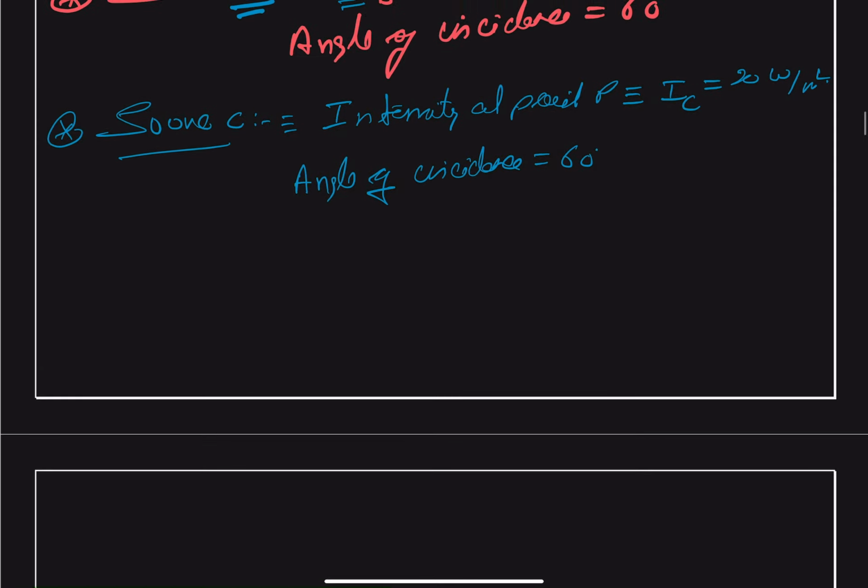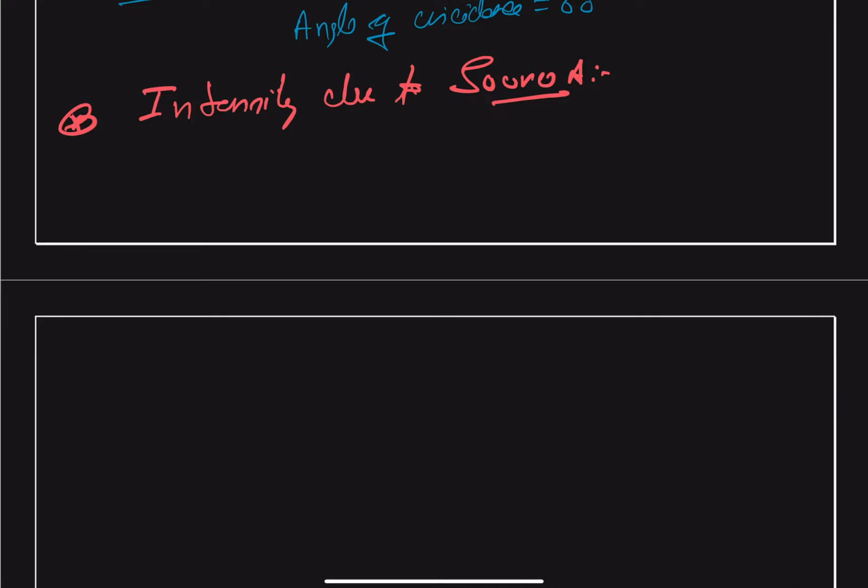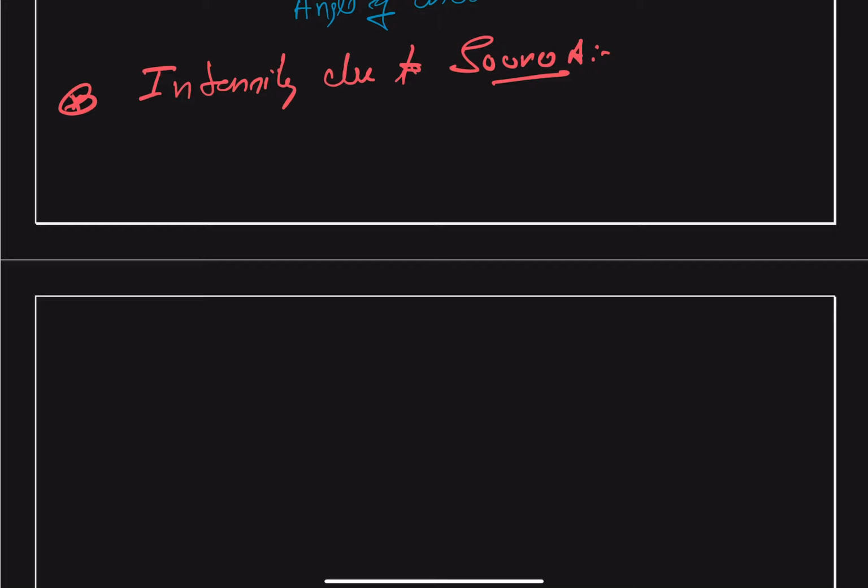So let us start with source A. Intensity due to source A, and source A is at a perpendicular to point P. So we can write this as intensity is our IA, that will be equal to its radiant power divided by 4 pi r square, and radius is given to us 3, so we can write this as 90 divided by 4 pi, and it's 3 whole square.